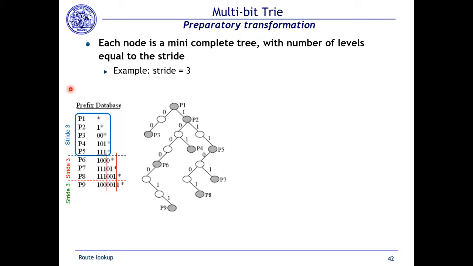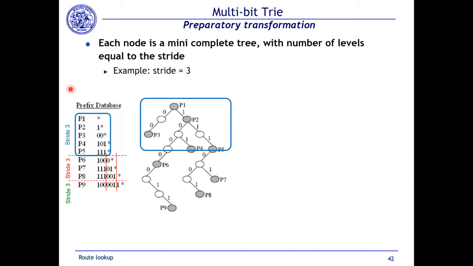So let's start with the first stride. The first stride corresponds to the set of prefix entries from P1 to P5, and it also corresponds to this part of the original trie that basically takes 3 levels.